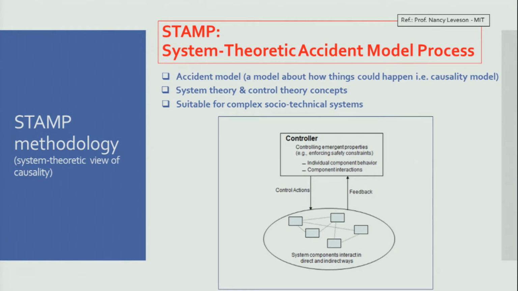If you have an emergent property like safety, let's speak about ship safety, we can assume that ship safety is an emergent property that can be obtained with a proper control system where we have the several items contributing to the ship safety that are also considered in terms of control actions and feedback.